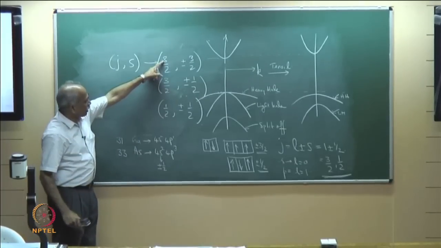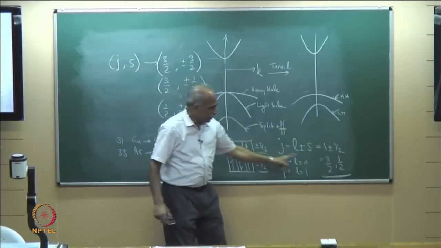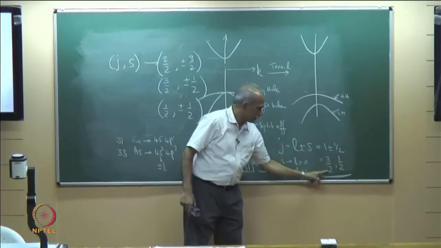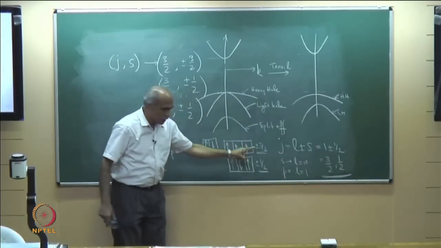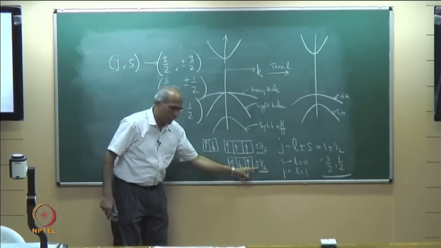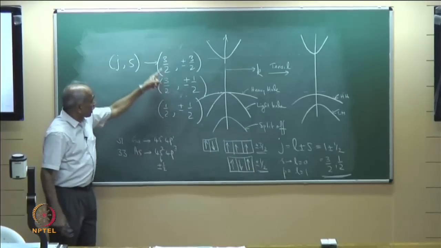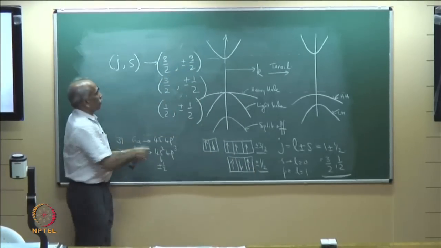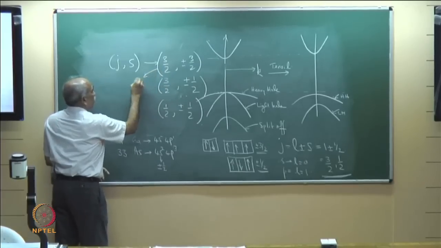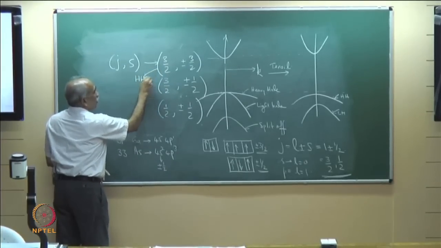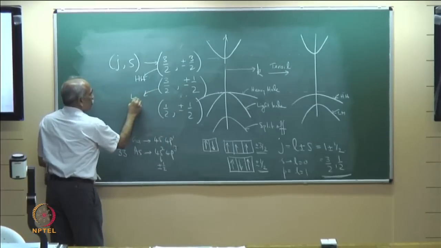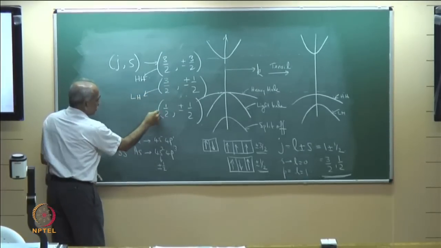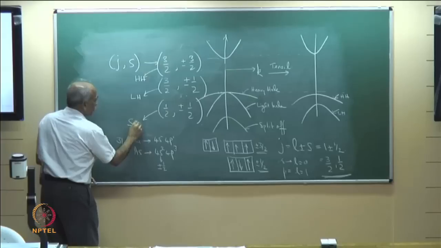The first number is J. J takes values 3/2 and half. S takes values plus minus 3/2 and plus minus half. So the combinations which are possible are these. This is nothing but the heavy hole band. This corresponds to the light hole band, and this corresponds to the split off band.